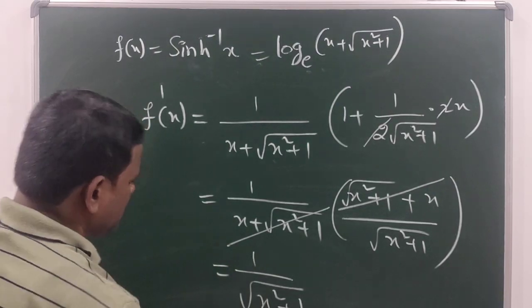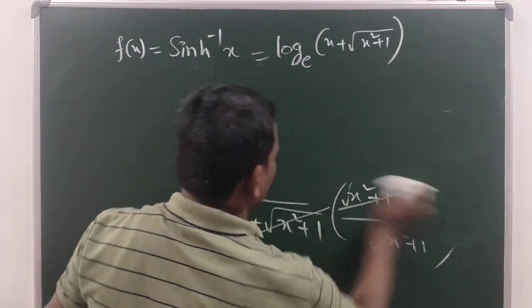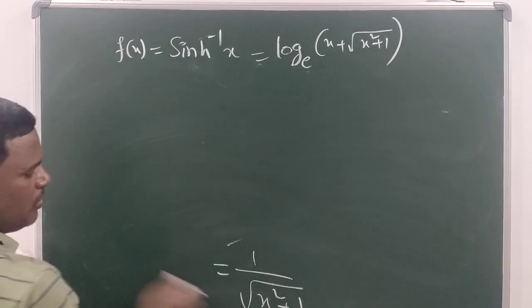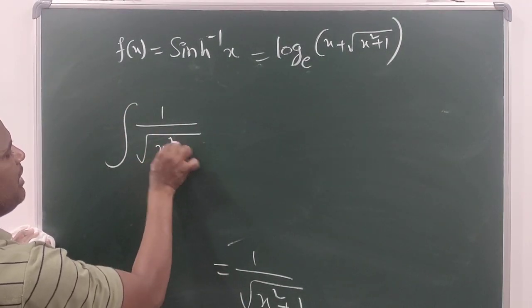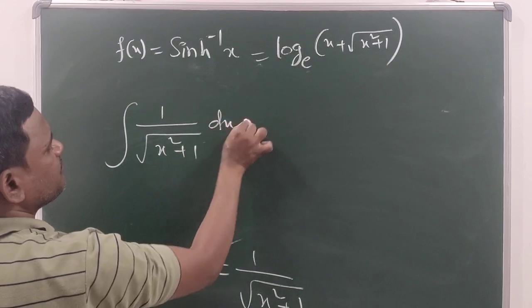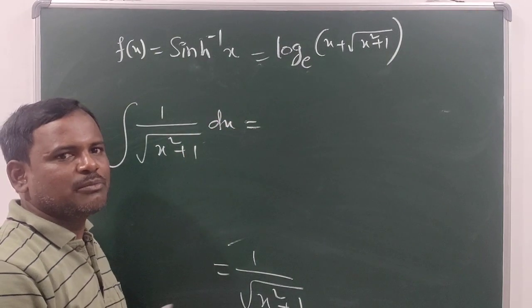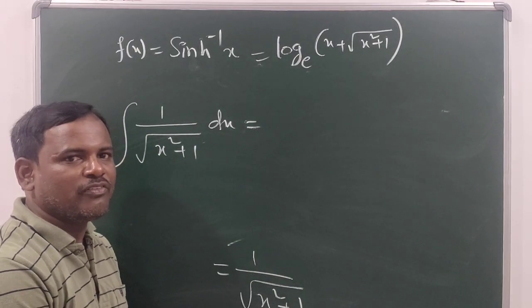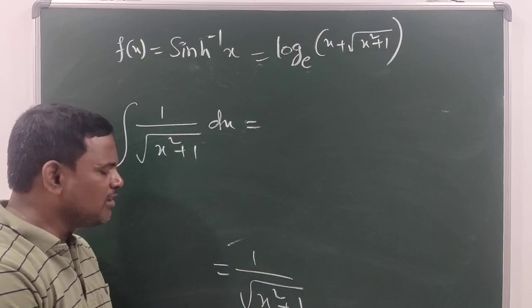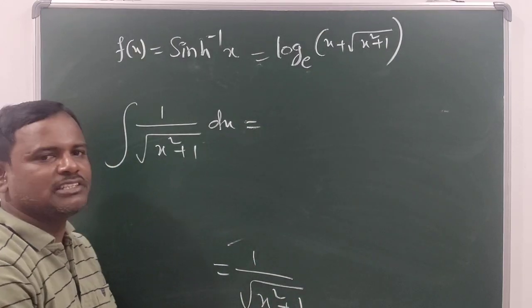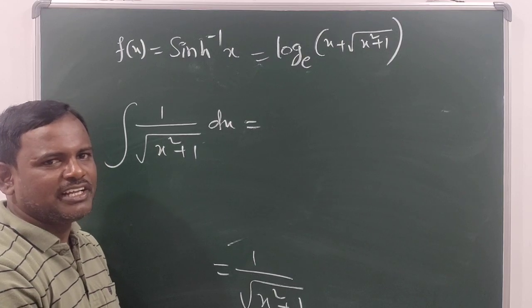Suppose you would like to find the integration of this function: integration of 1 by root of x square plus 1 dx. Integration is nothing but the antiderivative of a function, or the primitive of the given function. The simple way you can define it: the reciprocal of differentiation is known as integration.